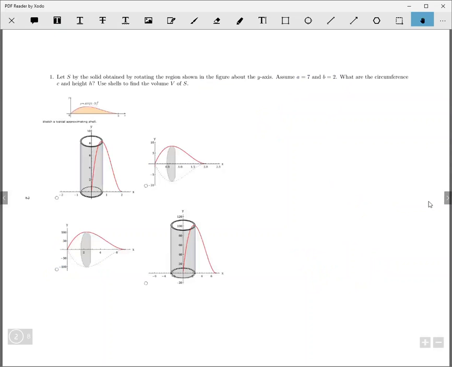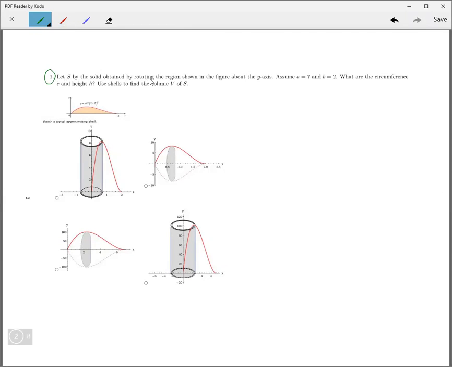So let's get into some exercises, because this is probably not very clear what I'm saying so far. Let's do some examples. For the first one, S is the solid obtained by rotating this region here about the y-axis. So it's being rotated this way about this axis.